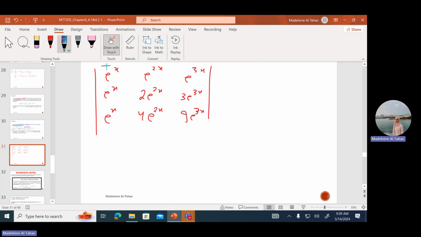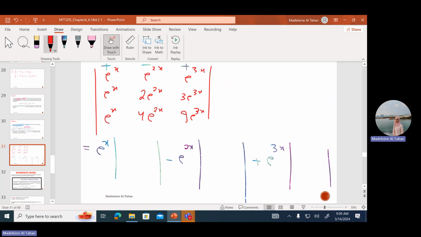We get plus, minus, plus, right? So e^x into something minus e^2x into something plus e^3x into something.